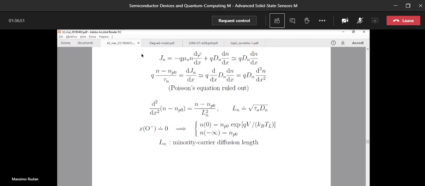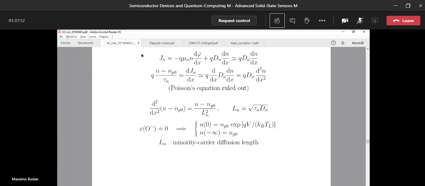The simplification is this. When we consider the minority carriers in a neutral region, so now we are in the neutral region of the p-type, the minority carriers are the electrons, okay?